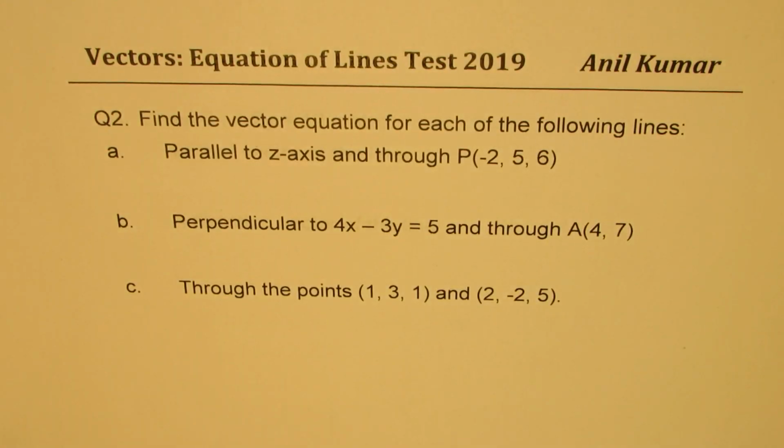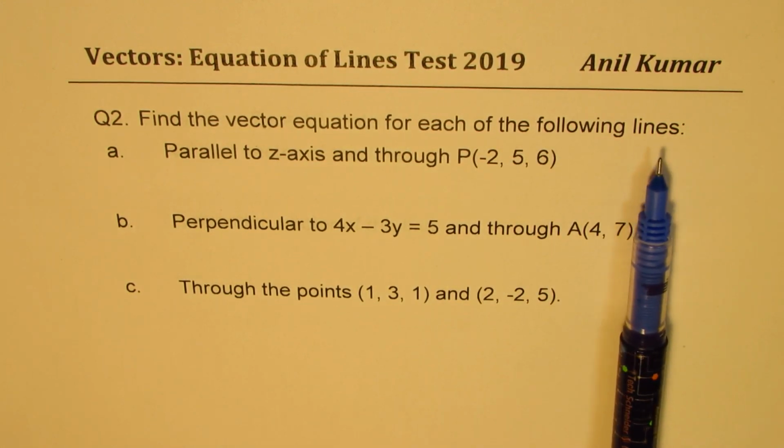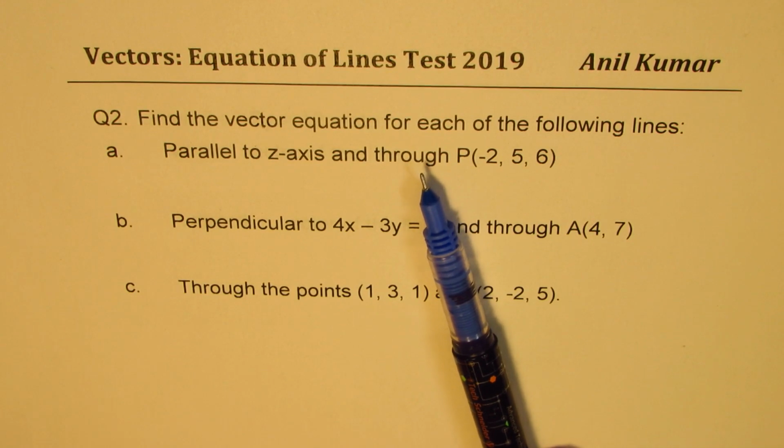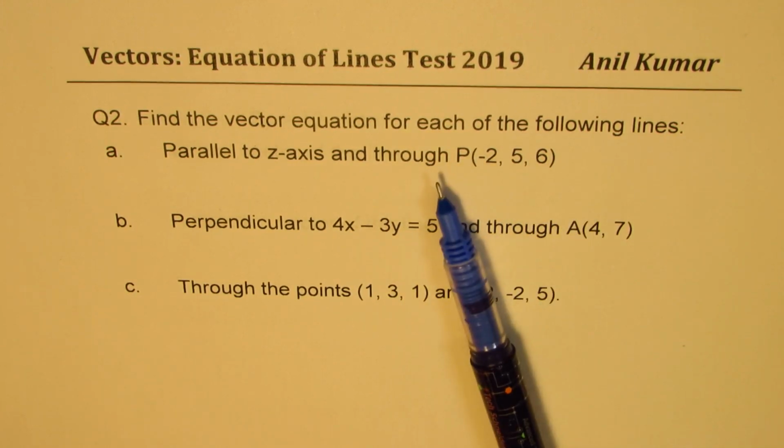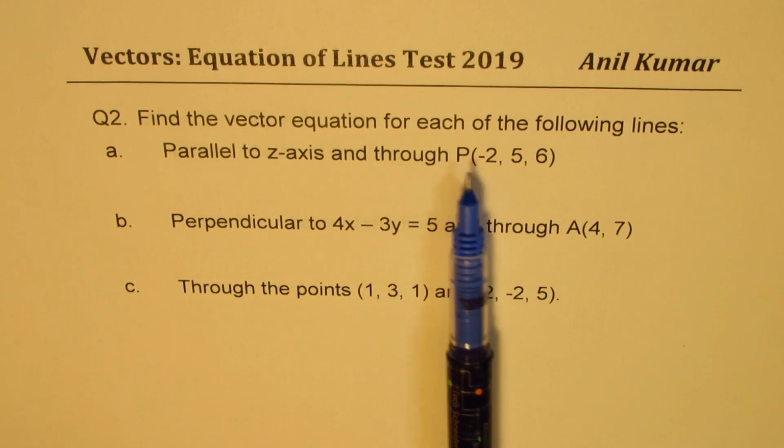Let's move on to question number 2. Find the vector equation for each of the following lines. Last time we worked with the vector equation and got all the others. Now we are doing it the other way. Parallel to the z-axis and through this point.